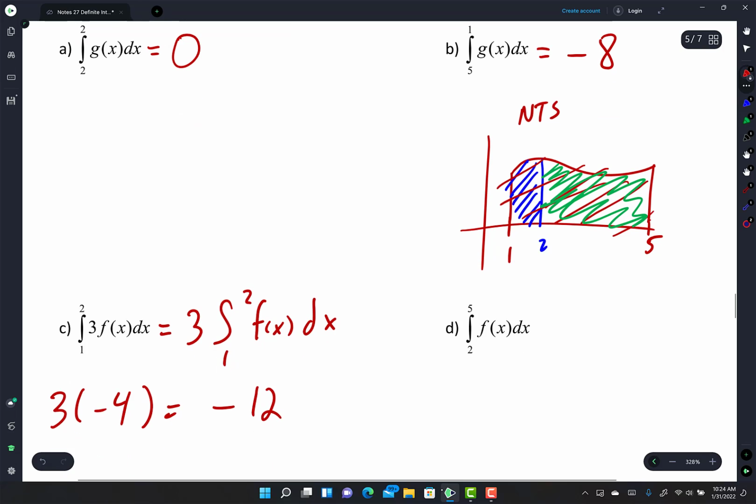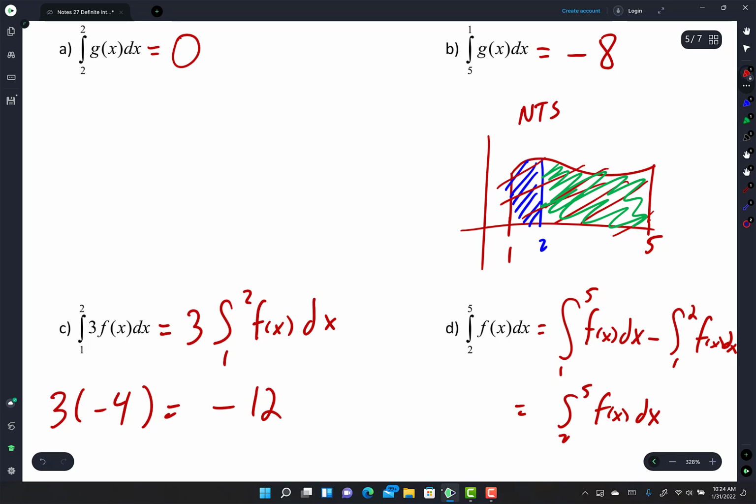If I find the entire area from 1 to 5 of f of x, and I subtract the area in blue, which is the area from 1 to 2 of f of x, that will give me the area from 2 to 5 of f of x. Do you guys agree with that? Okay, you can write that down. Write that down, and then we'll continue.